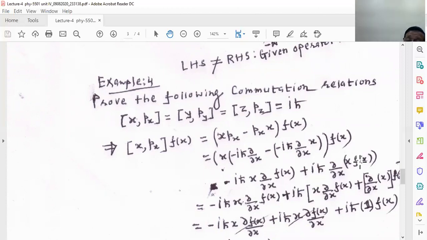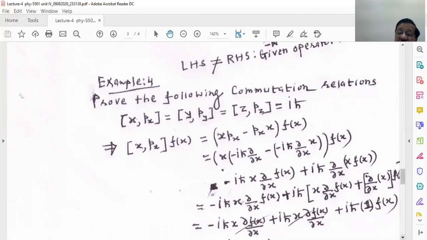And then you keep f of x constant and you differentiate x. So you see I keep iħ outside, I keep x constant, and then I differentiate f of x with respect to x. So it is del by del x of f of x, right? And then the second part, you differentiate x with respect to x and keep f of x, right?